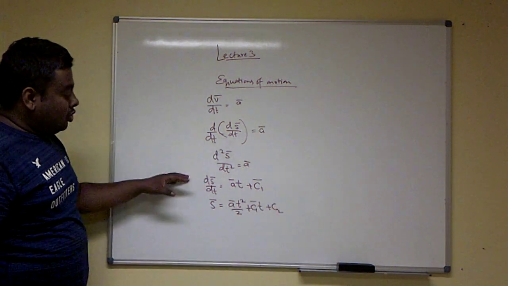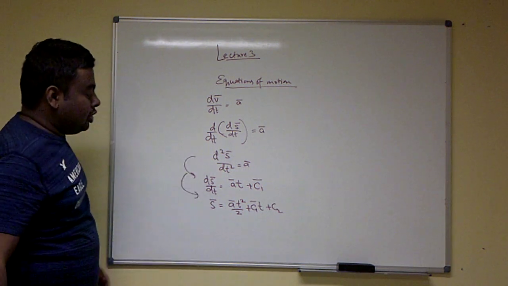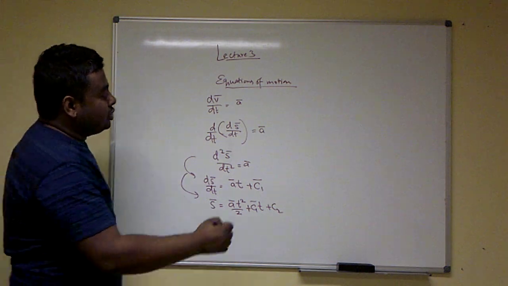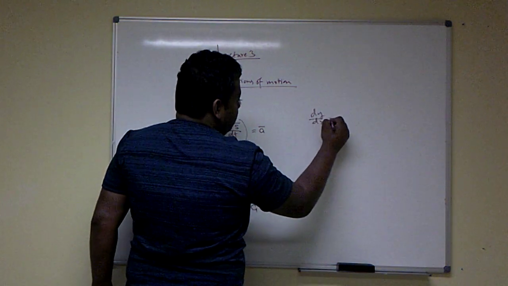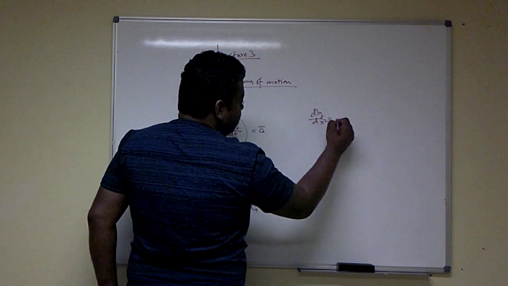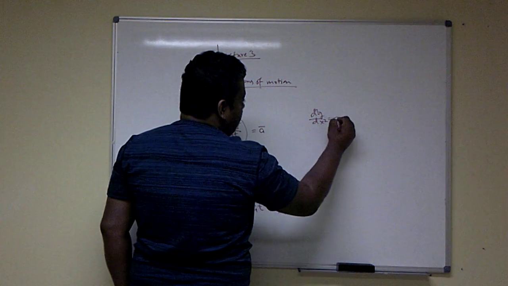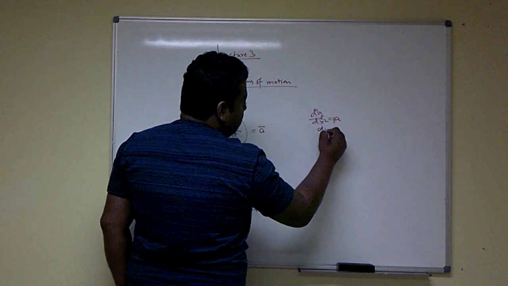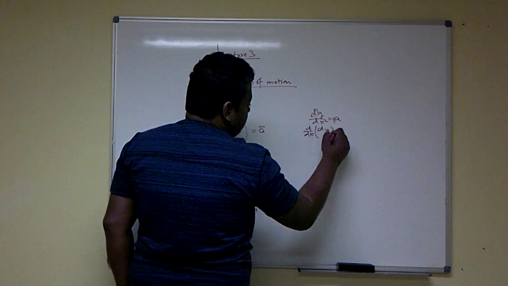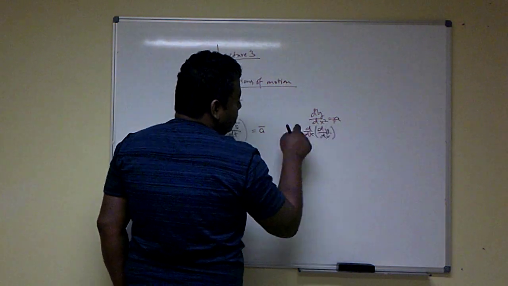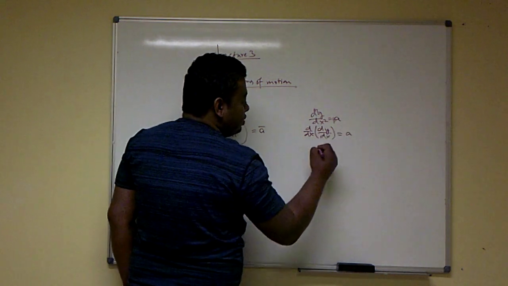Okay, so there are two integrations which we are doing here, and basically the notion is very simple. If you have d square y by dx square given by a constant number, let's say a, then first off, you will write this equation as d by dx of dy by dx equal to that constant number.